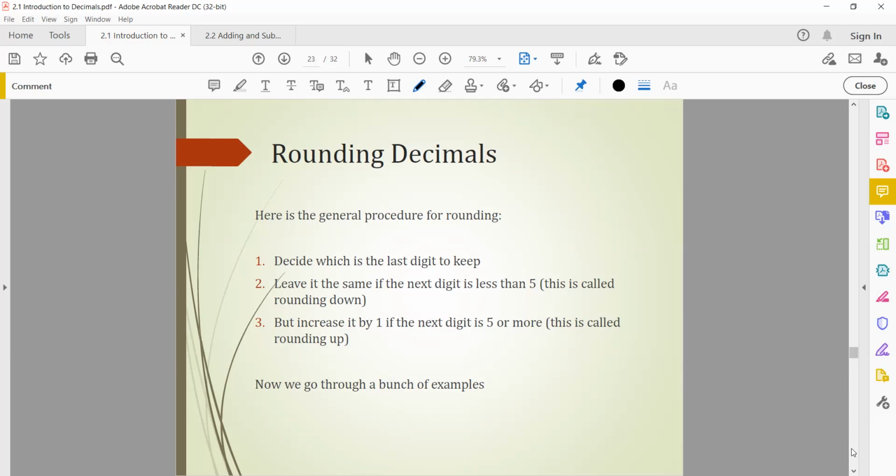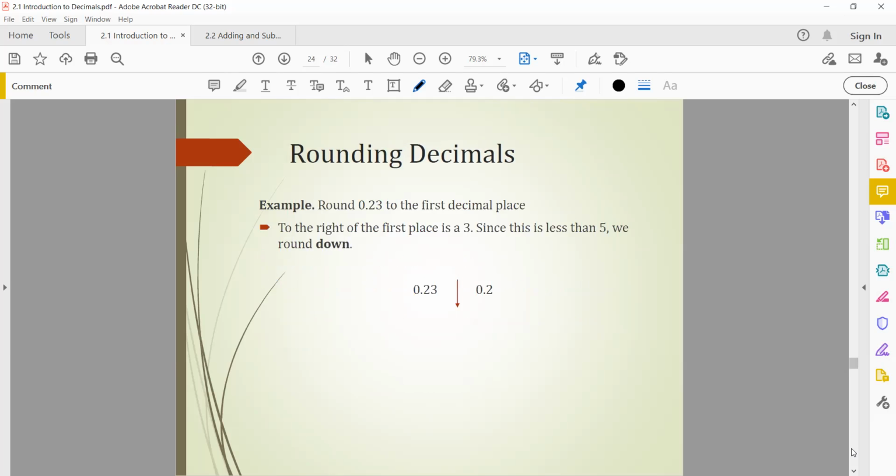I think the best way is to look at some examples. Let's round 0.23 to the first decimal place. The first decimal place is 2, so what you do is look one place to the right of that. Whatever place it's specifying, you always look one to the right of that. You look at the 3, and the 3 is the digit that tells you if you should round up or down.